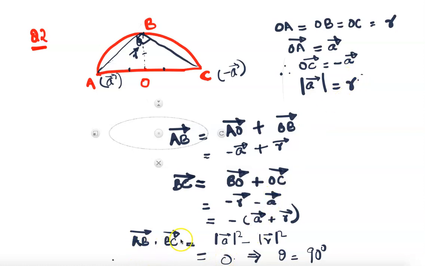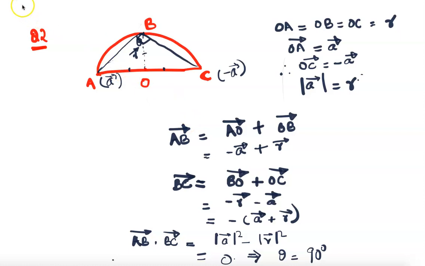So the angle enclosed between AB and BC, which is this angle theta, is such that cos theta should be 0, and that can only happen when theta is equal to 90 degrees, which proves that the angle enclosed in a semicircle is 90 degrees. Great.